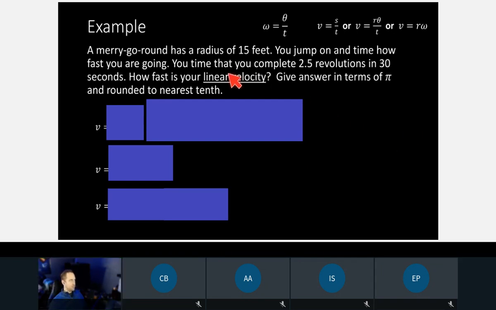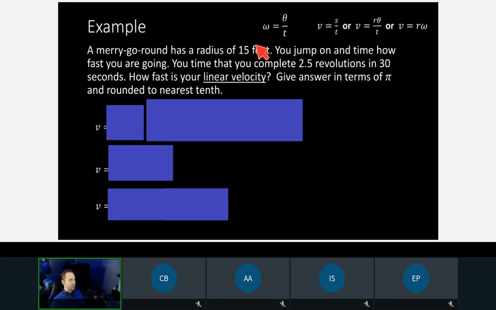Good, good. So when you read one of these problems about angular or linear velocity, you need to ask yourself, do they want us to find the angles per time, or the distance per time? Well, this one says linear velocity, so I underlined it to emphasize we should have some type of distance per time for our final answer.